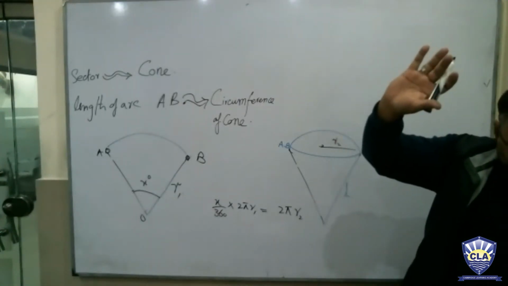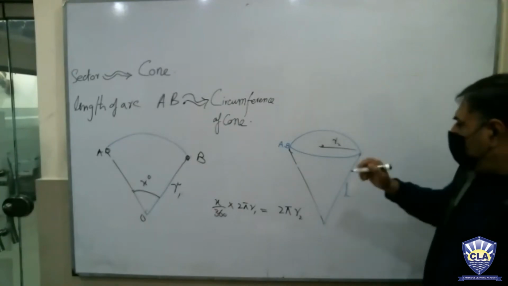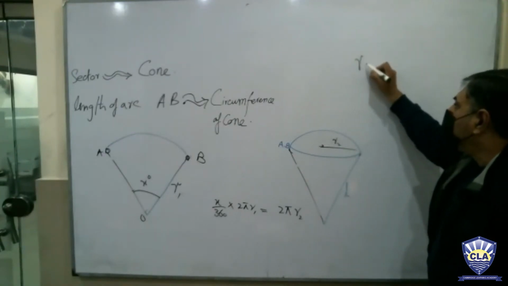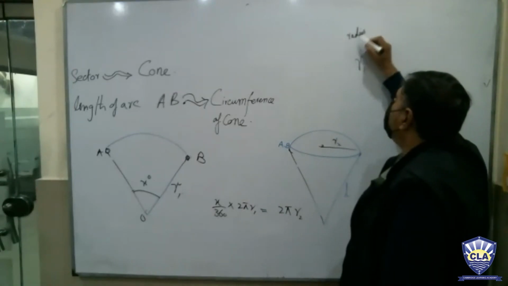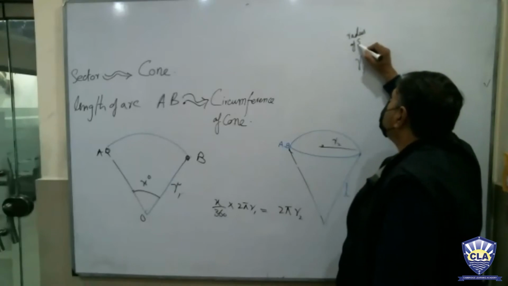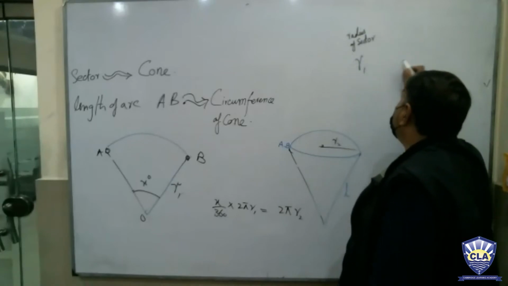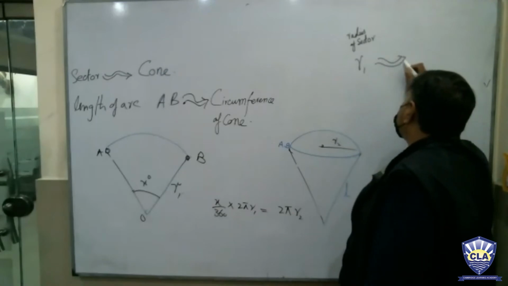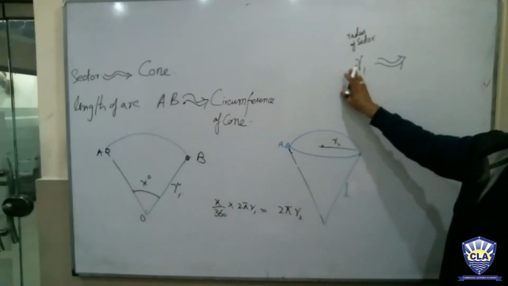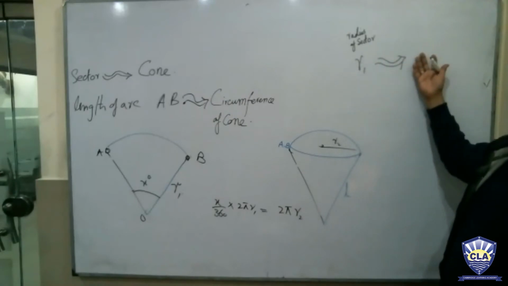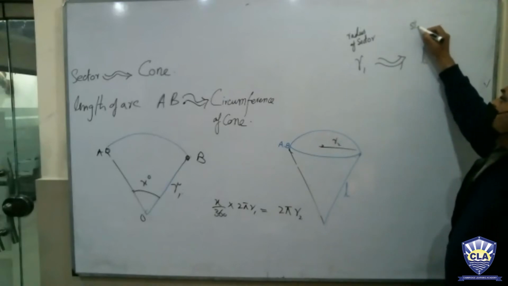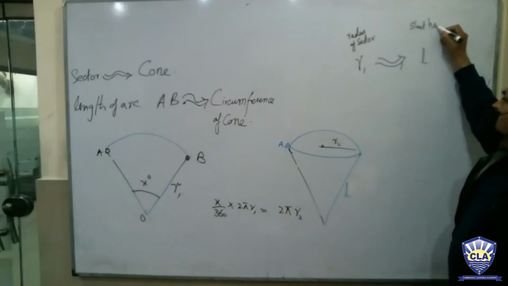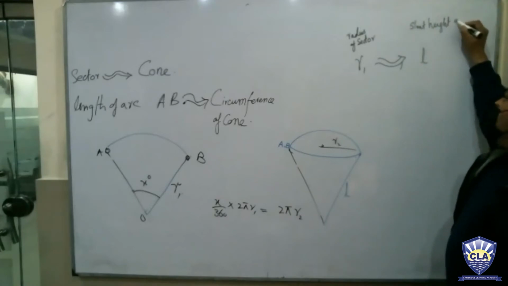Are you with me? Is that okay? So R1, the radius of the sector, changes to the slant height of the cone.